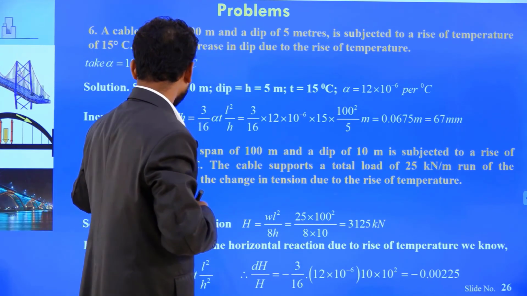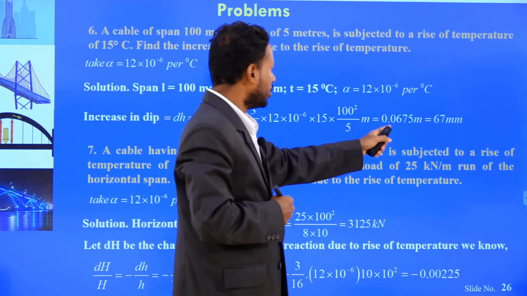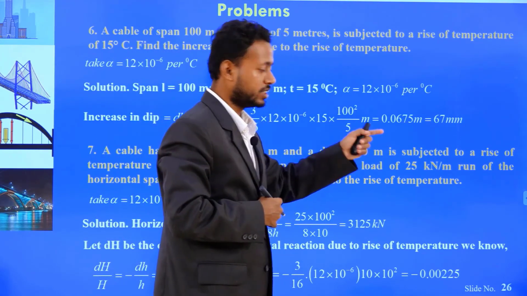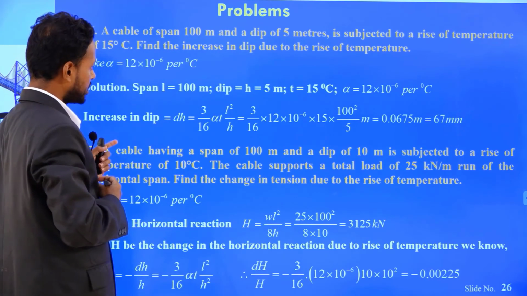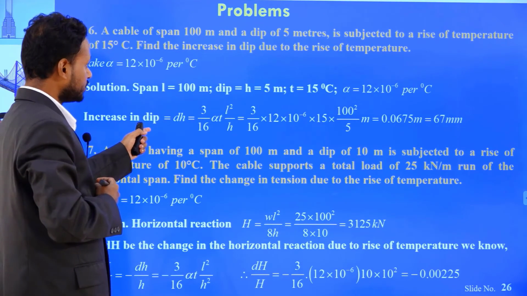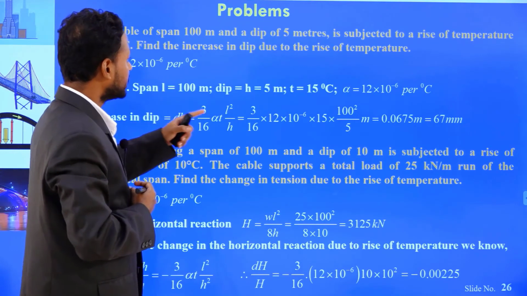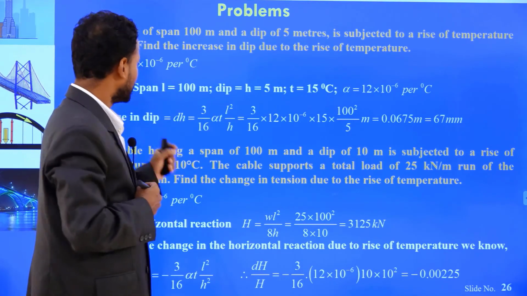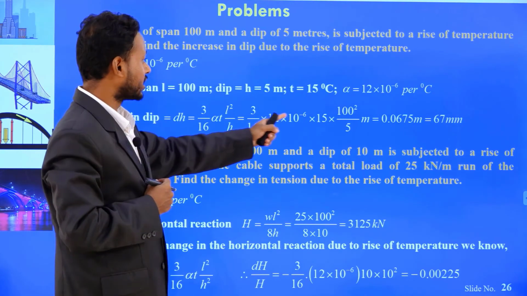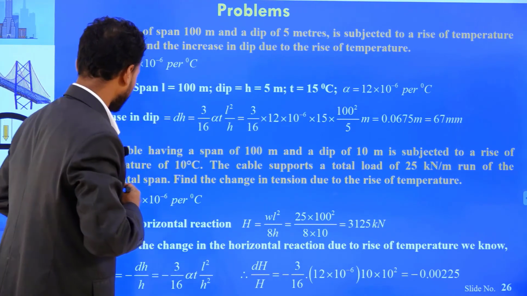So I get increase in dip DH equals 0.0675 meters, that means 67 millimeter. So this is the effect of temperature on the dip of the cable, 67 mm. If the temperature rises 15 degrees centigrade, the dip of the cable will increase 67 mm, right?